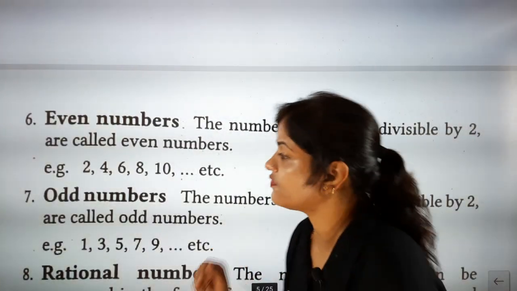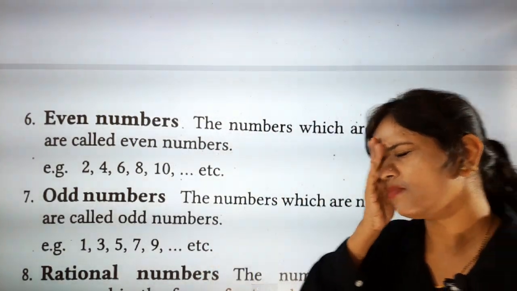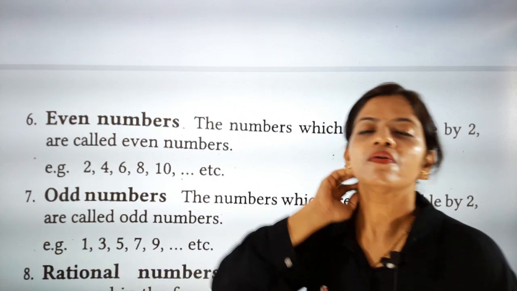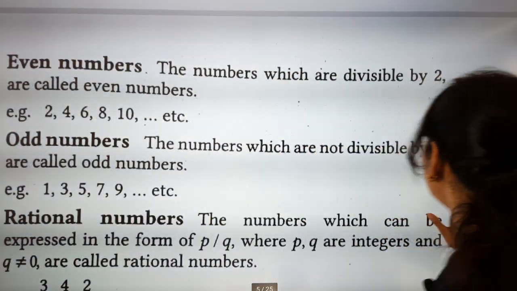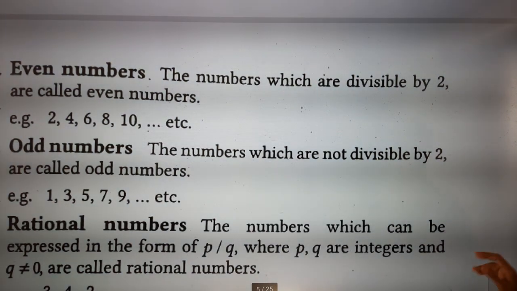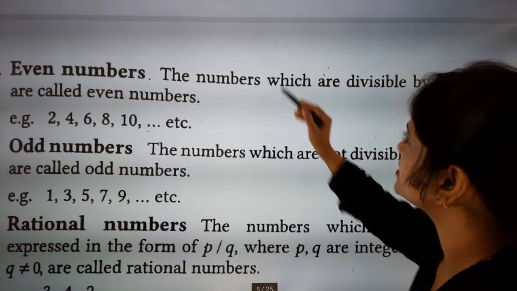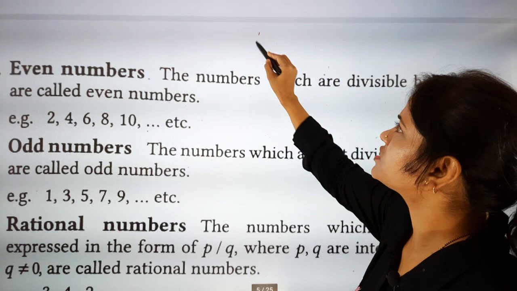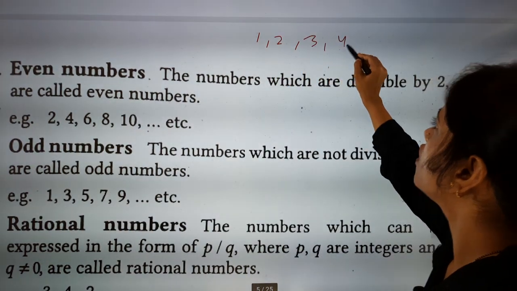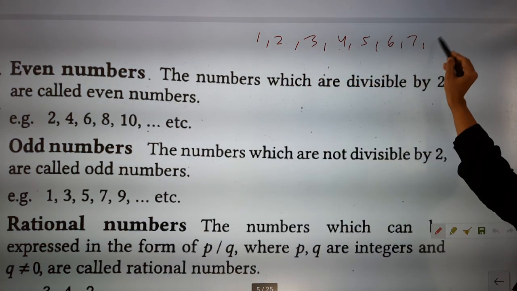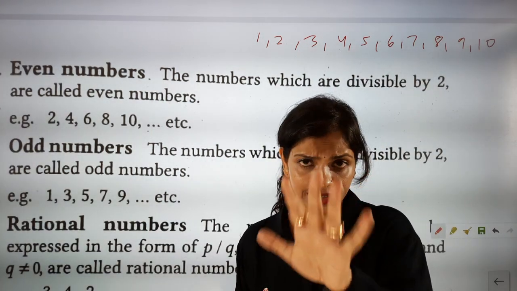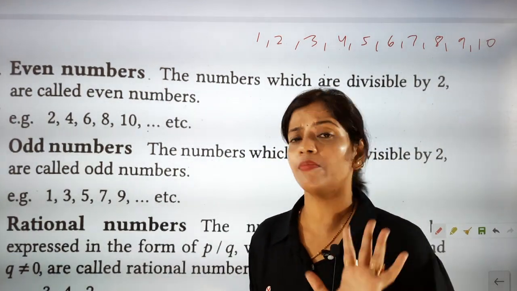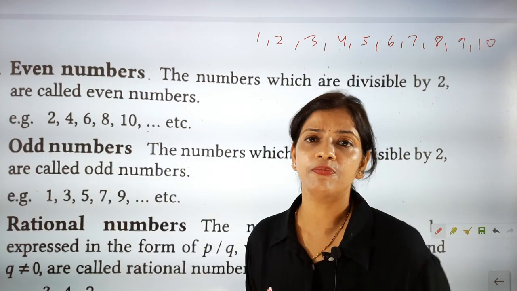Now next is even numbers. All the numbers which are divisible by 2 are called even numbers. One more important thing I need to discuss here. When you write the digits, except 0, starting from 1, 2, 3, 4, 5, 6, 7, 8, 9, 10, then in these 10 numbers, half will be odd and half will be even.